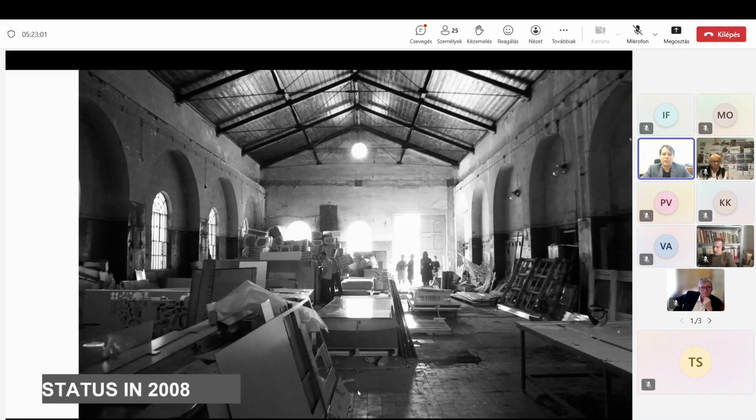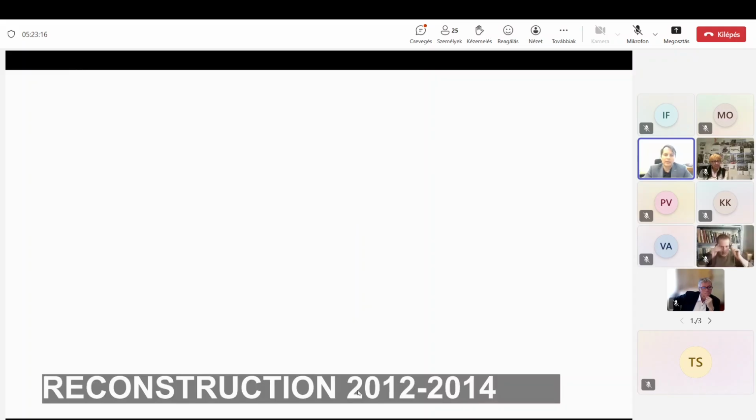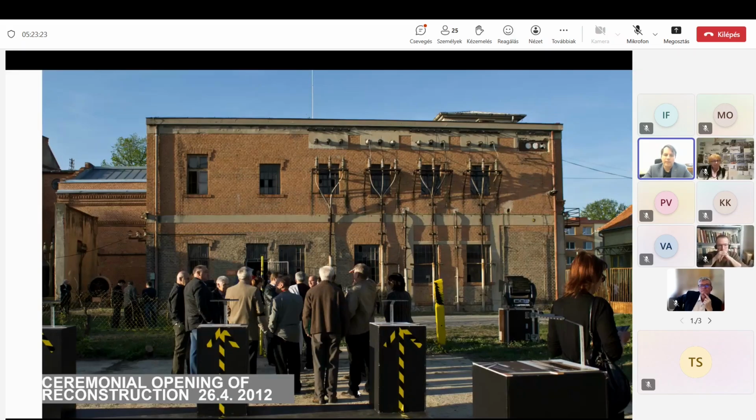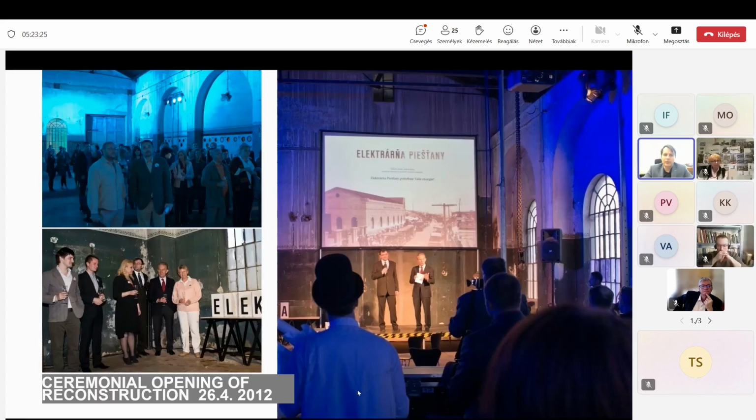We were searching for what was inside this machinery hall, because no engine was saved. They had been gone for 50 years. The reconstruction started in 2012. You can see some pictures from the reconstruction process.